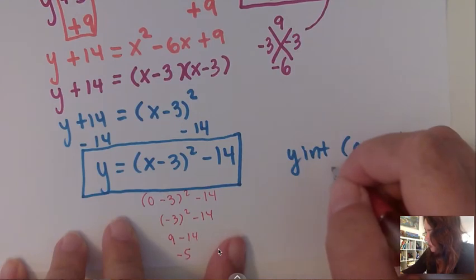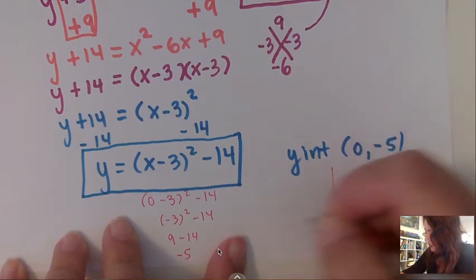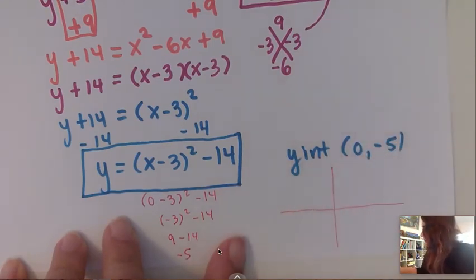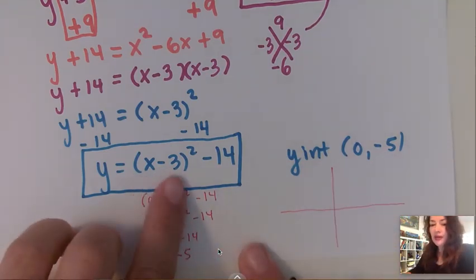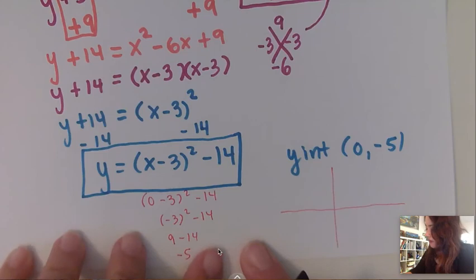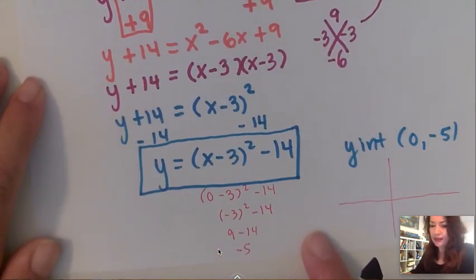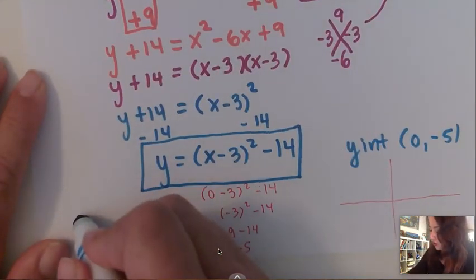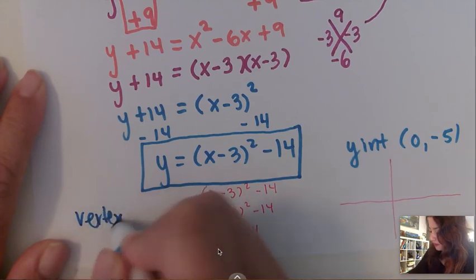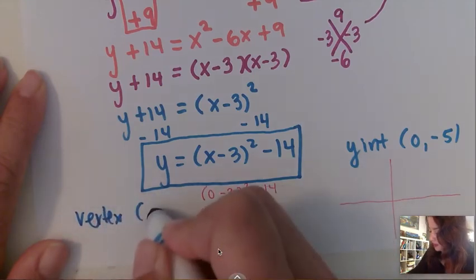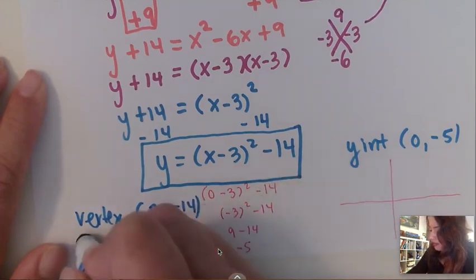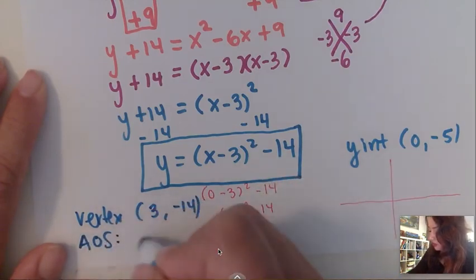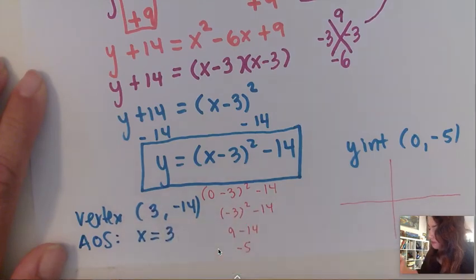This tells me that the vertex here is (3, negative 14). So let me write the characteristics. The vertex is (3, negative 14). That tells us that the axis of symmetry is x equals 3.